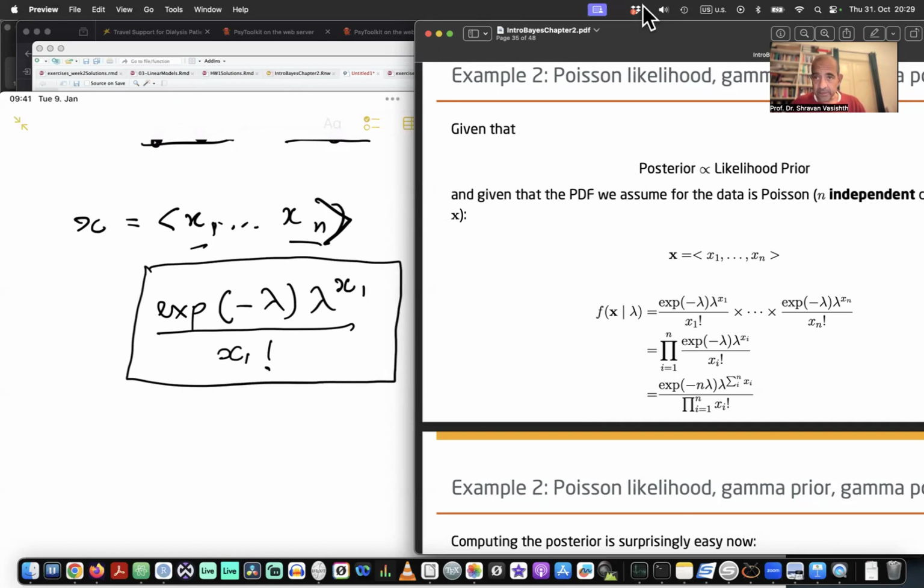What's the density of the second data point, x sub 2? The density of the second data point would be exactly the same, except instead of writing lambda to the power of x1, I would write lambda to the power of x2, and in the denominator, I will also have x2 factorial.